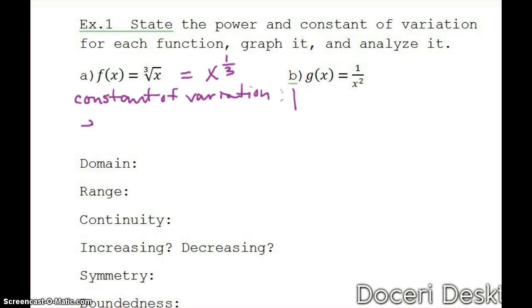And the exponent, or the power, is 1/3. And then we want to look at what the graph of this function would look like if we take x to the 1/3 power. It looks a lot like the cube function.